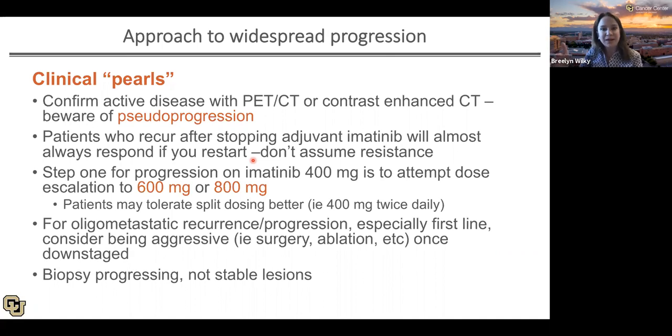We know that imatinib kills a lot of GIST cells, but it doesn't kill all of them, and it tends to put the tumor cells to sleep. If you stop it, many, many times you'll have residual hiding cells waking back up again. So I always at least try to restart imatinib in that setting rather than changing therapy, unless there's some clear evidence that the tumor is completely different, which we usually don't see.